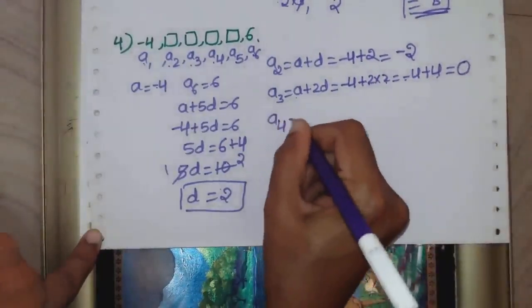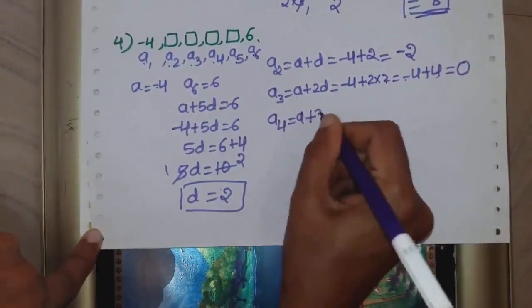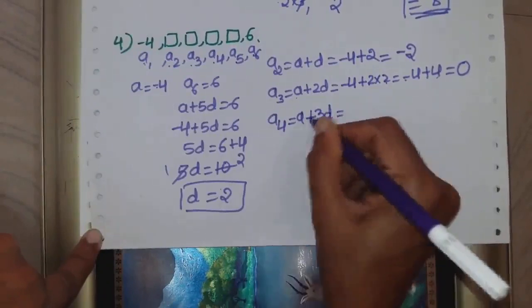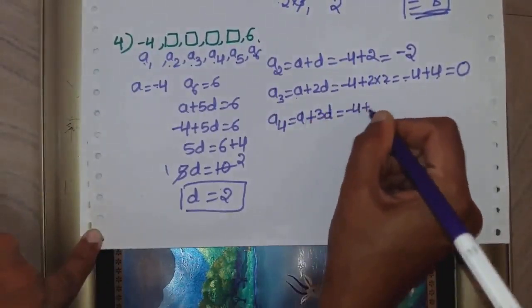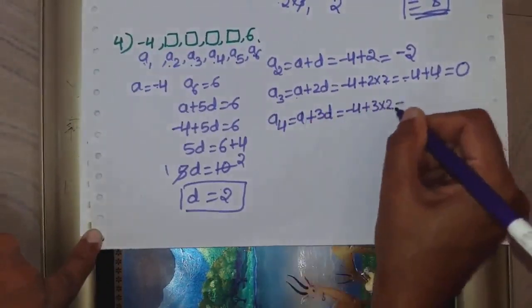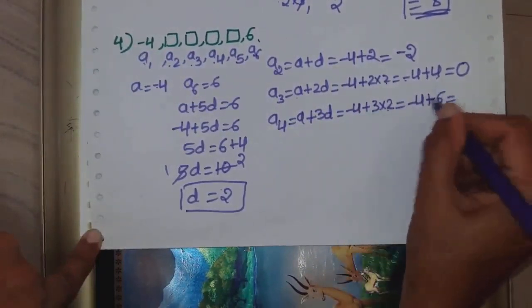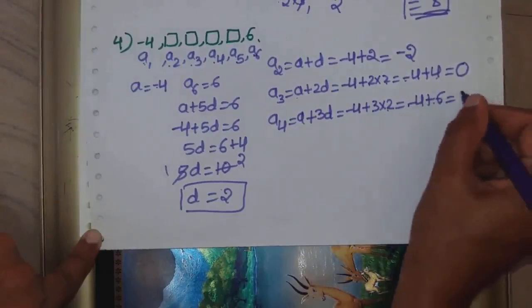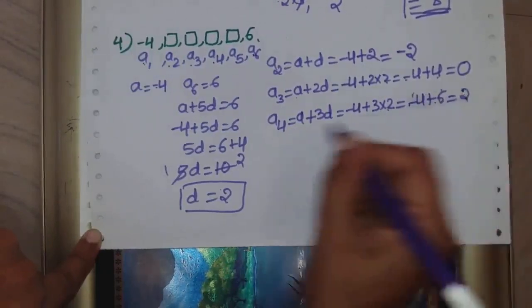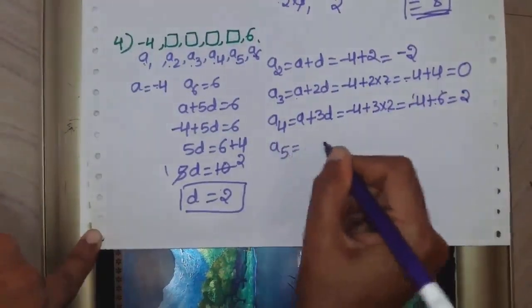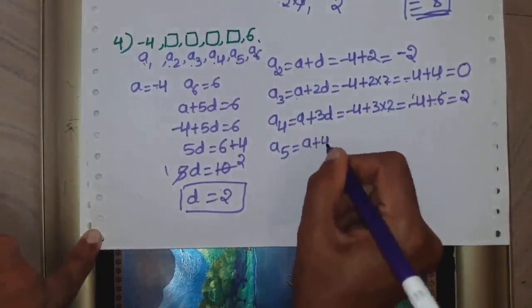The fourth term is A plus 3D. A is minus 4 plus 3 into D is 2, equals minus 4 plus 3 2s are 6, equals minus 4 plus 6 is 2. 6 minus 4 is 2. The fifth term is A plus 4D.